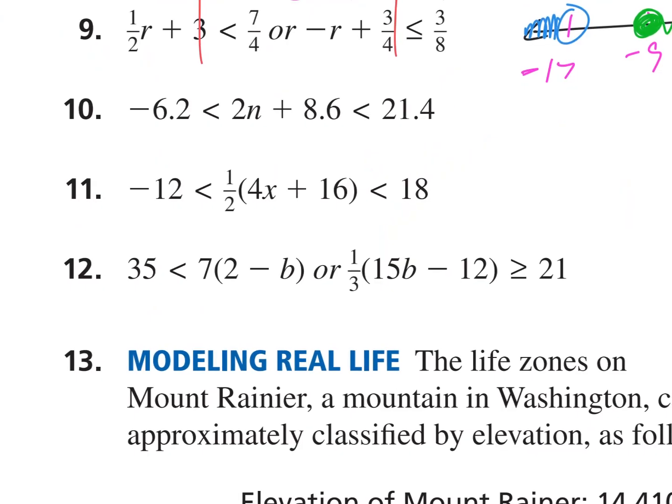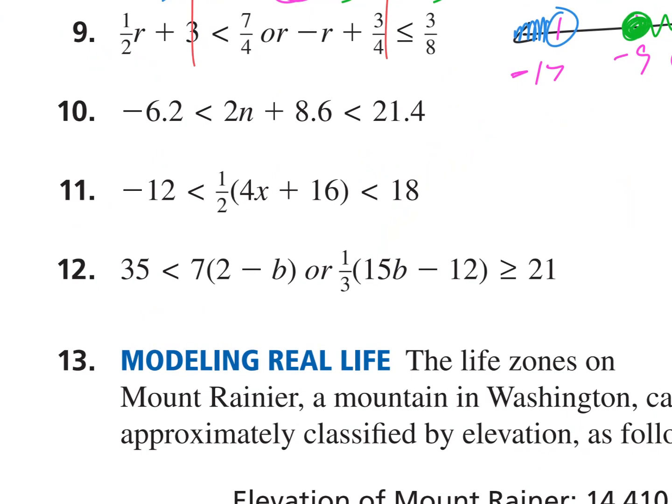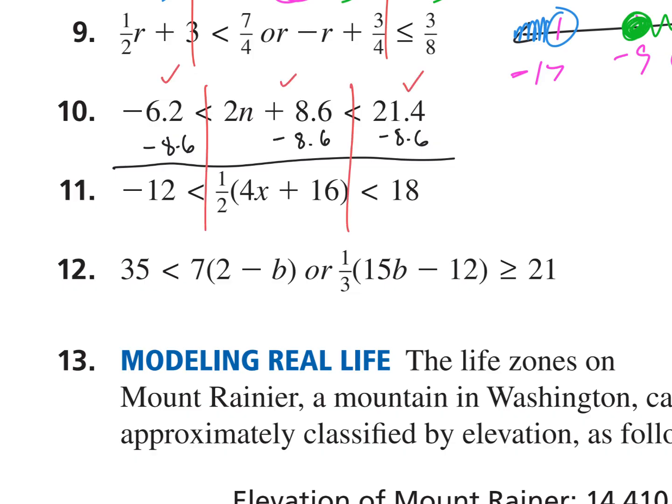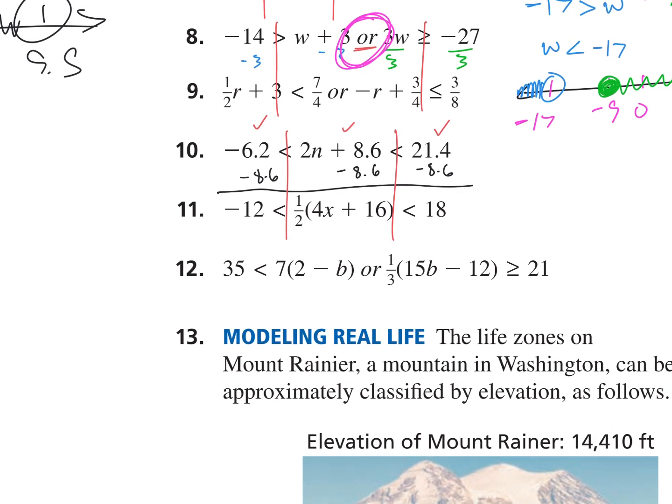Number 10, we have an and. So I'm going to be subtracting 8.6 from all three sides here. And in fact, what three sides? There's this one, and then the middle, and then this side. Okay, so let's see.